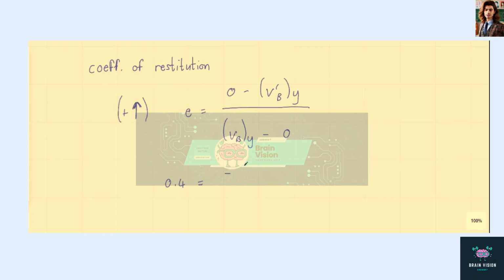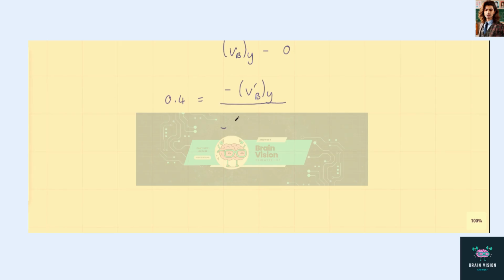Now we're given this coefficient of restitution to be 0.4. This is equal to minus v prime b in the y direction divided by the initial velocity of the ball in the y direction, which is minus 25 sine 30 degrees, since the ball is moving downwards and we've chosen up as positive.